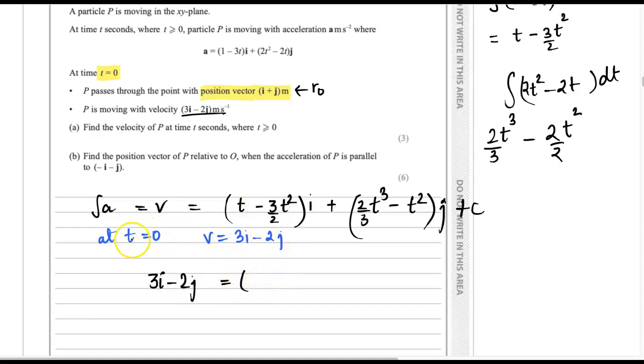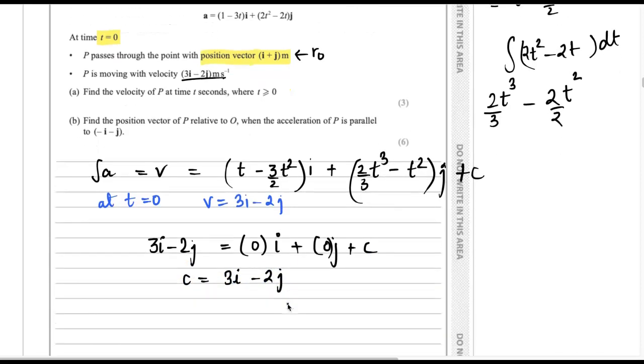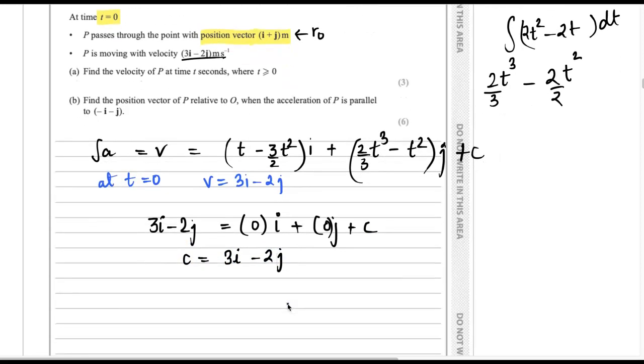I mean, we have to substitute 0 there. So it would be 0i plus 0j plus c. The value of c is basically nothing but 3i minus 2j. And I know you would have done it faster than me because it's quite direct.